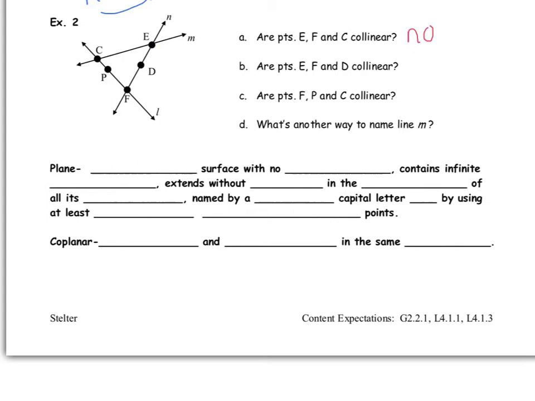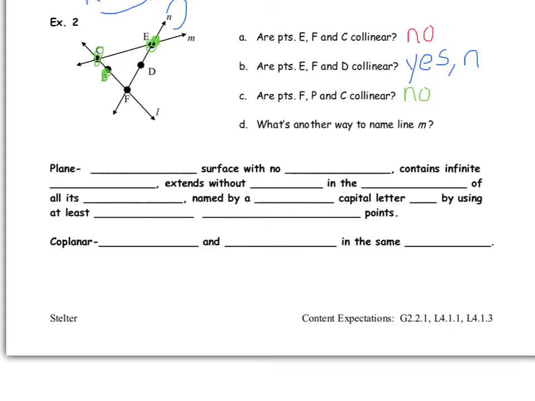So E, F, and D, there's E, there's F, and there's D. They are on the same line, and that line is called N, right there. Are points F, P, and C collinear? Well, let's check it out. E is right there, P and C. No, definitely not. They're either on line L or M. So no.